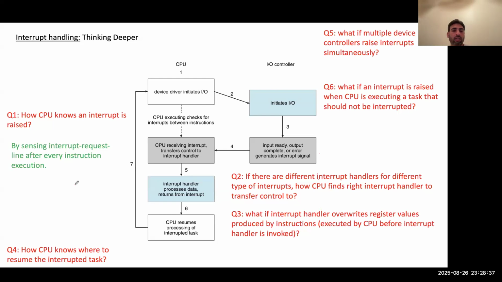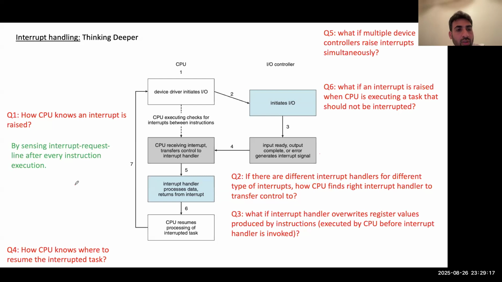Okay, so the second question is, if there are different interrupt handlers for different types of interrupts, then how can we identify them? Just like we assign a unique student ID to each student, in the same way we can assign unique IDs to interrupts coming from different device controllers. Let's say if an interrupt is raised by the disk controller, I can say, your ID is one.